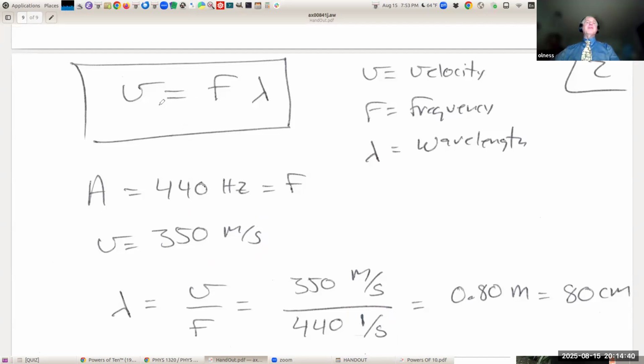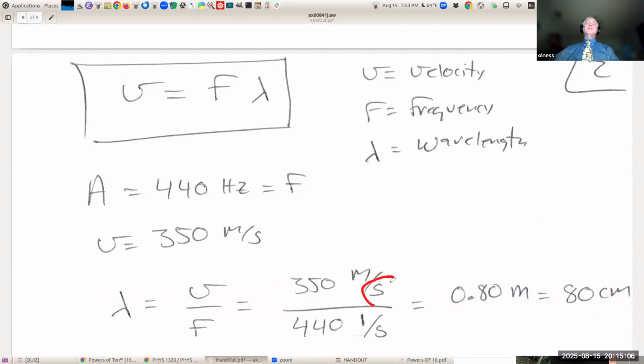So if I take this formula and divide both sides by f, that means lambda, the wavelength, is the velocity over the frequency. My velocity is 350 meters per second, my frequency is 440 hertz or 440 cycles per second.